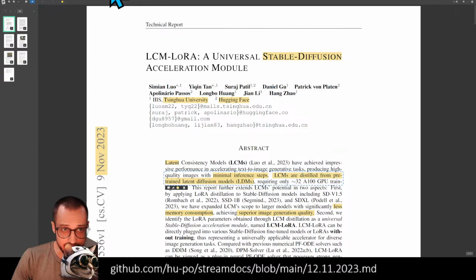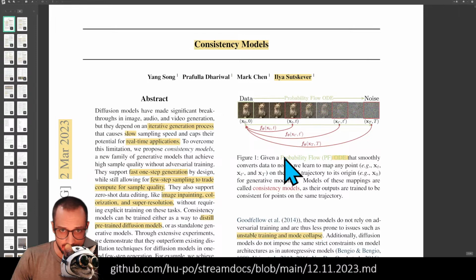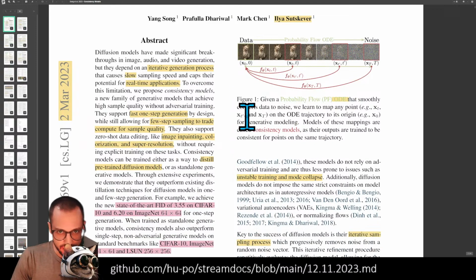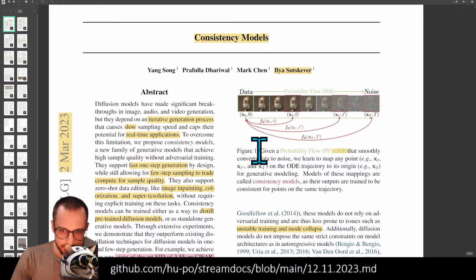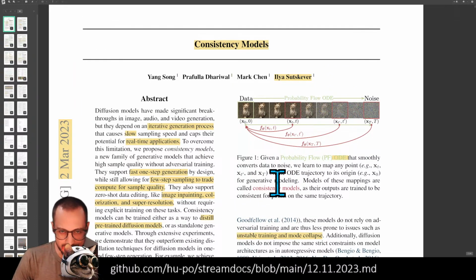So let's go back to the LCM paper here. This is a very math-heavy paper, and you can go super deep on this, but one way to think about what a diffusion model is, is that it's a probability flow ordinary differential equation, ODE. And basically, you can think of the noise process.